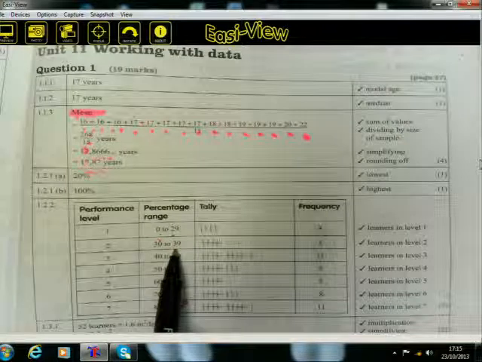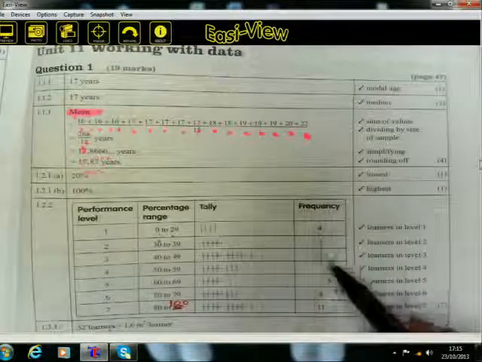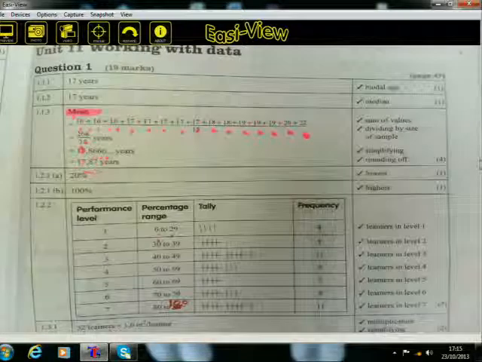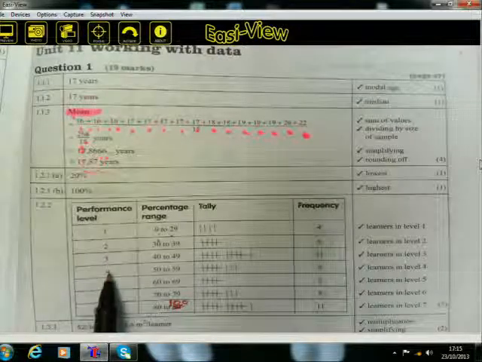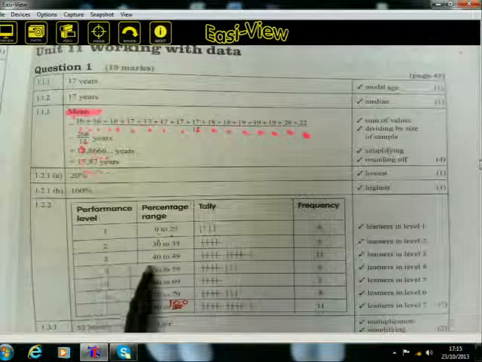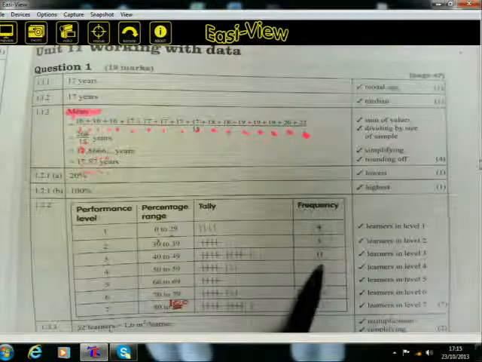Learners who got 30 to 39, that's 5. You remember, on a frequency, you write as numbers. Don't forget that. Now, learners who got 40 to 49 were 11.